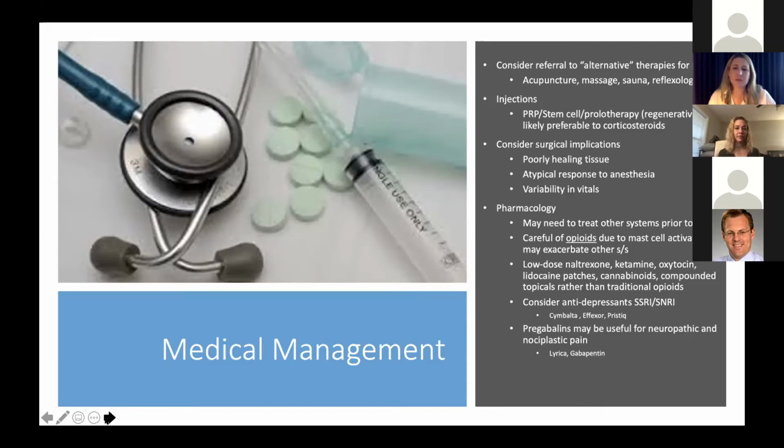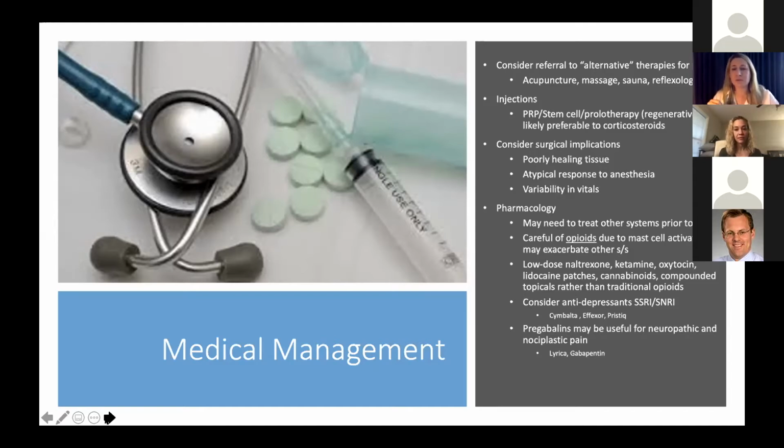And then also thinking about pharmacology in these patients. So there's a lot of good research out there about opioids. If the dancer has mast cell activation syndrome, opioids can actually exacerbate their pain and make them worse. So we really want to think pharmacologically about some other options for pain management. Things like low dose naltrexone, ketamine, cannabinoids even are being often used in this patient population with more success than your traditional opioids.